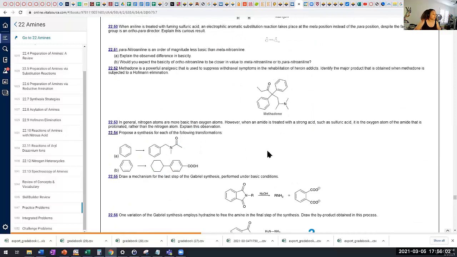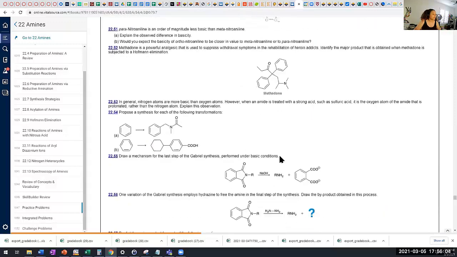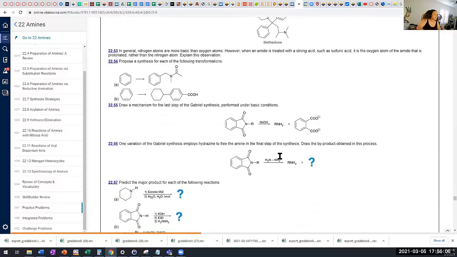In your textbook. Okay, so this problem asks you to draw the Gabriel mechanism for the last step. I'm just going to draw the initiation to get to this point.